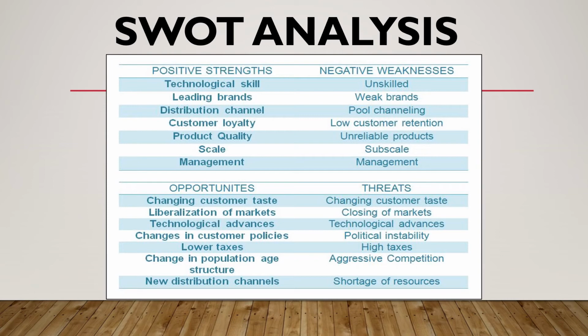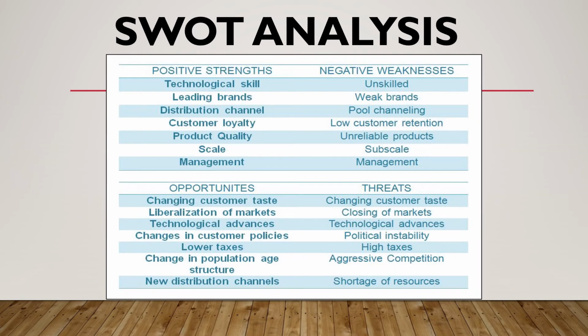With technology advances, if the organization does not know how to adapt to the changing technologies, the organization will not be able to survive in the long-term period. Political instability: in countries where the political situation is unstable, it will affect the economy of the country. As a result, it will affect the purchasing power of the customers, and that will affect the business.